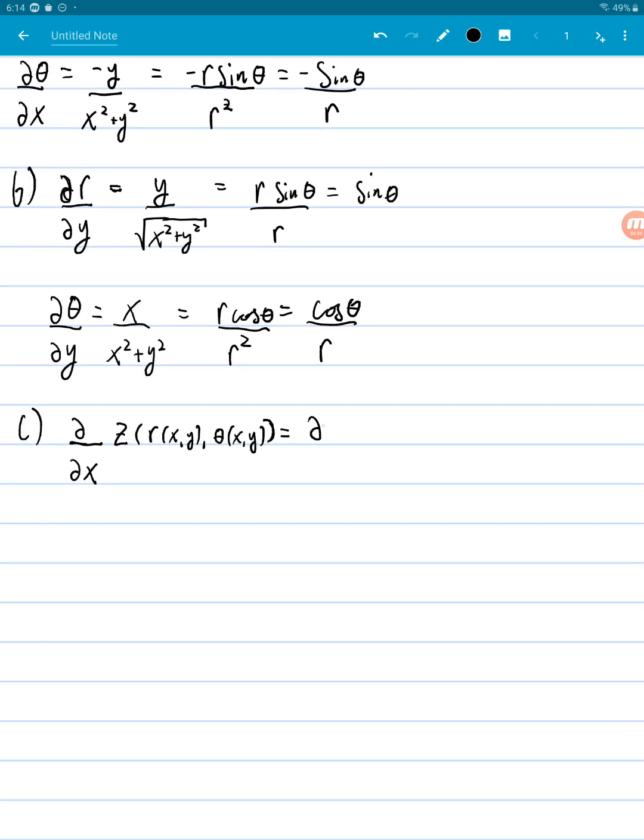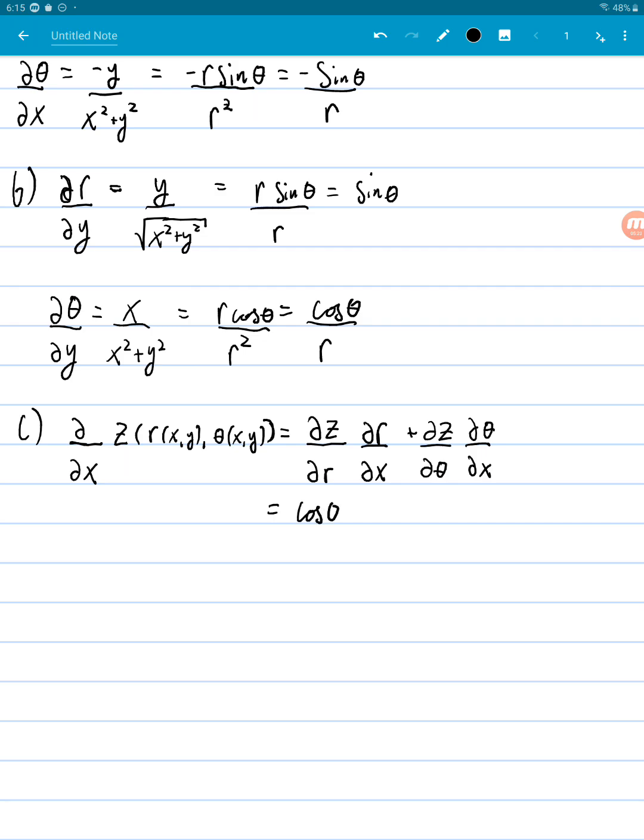What we'll have is the partial derivative of z with respect to r, multiplied by the partial derivative of r with respect to x, plus the partial derivative of z with respect to theta times d theta by dx. We had from above that dr by dx is cos theta.